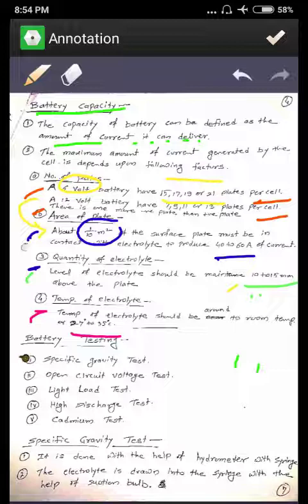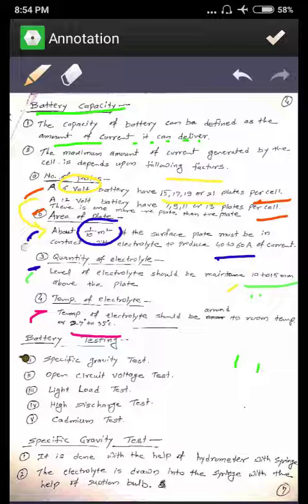If the temperature goes way beyond this, or the temperature of the electrolyte drops too much, then it affects the resistance, or the current carrying capacity, the electricity generation capacity inside the battery. The optimum range for maximum current production is 27 to 35 degrees Celsius.